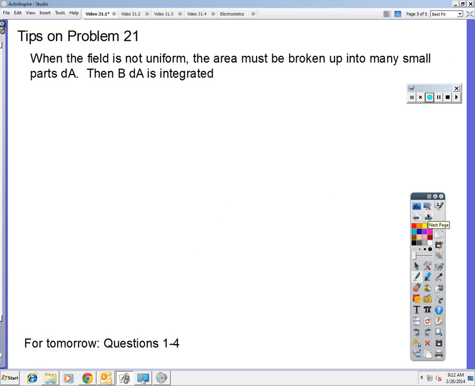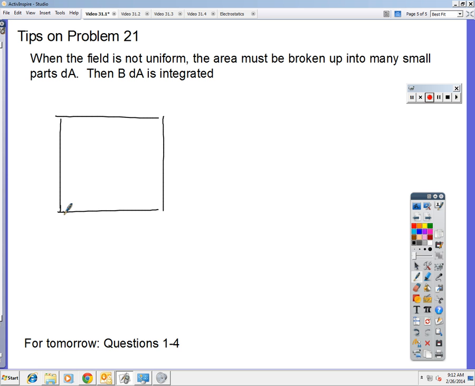Now, problem 21 is a slightly tricky problem that asks you to find the flux through a loop where the field is not uniform over the entire loop. It's a rectangular loop.